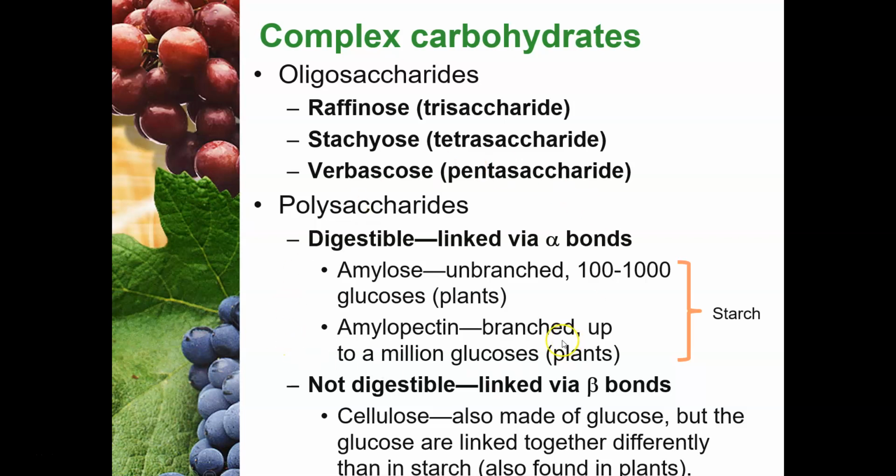Starch is digestible. It is made up of just glucoses, and all of the glucoses are alpha. Cellulose is not digestible. It's made up of glucoses too, but here all of the glucoses are in the beta configuration. So let's look at some of the structures.